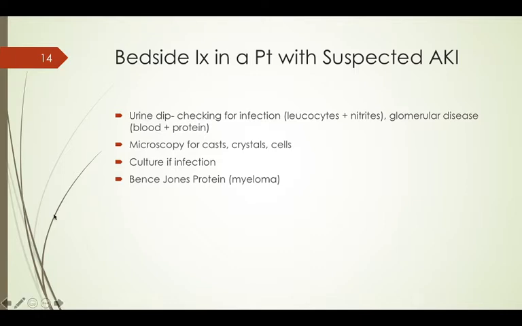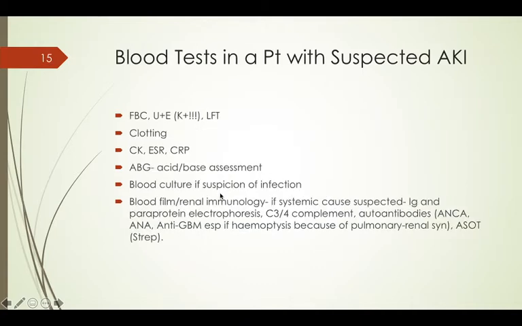Bear in mind, it may not be macroscopic hematuria, it may just be microscopic, but again, the urine dip will elucidate this. Have a look also at the microscopy if you send off the urine for things like casts, crystals, and cells. You can also do a culture and also Bence-Jones protein. It's a bit specialized, but something to be aware of. It often helps in pointing towards a diagnosis of myeloma.